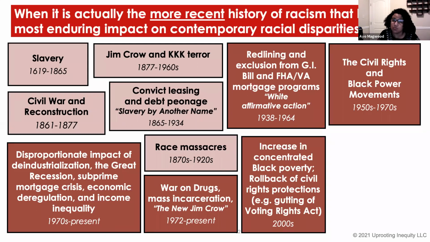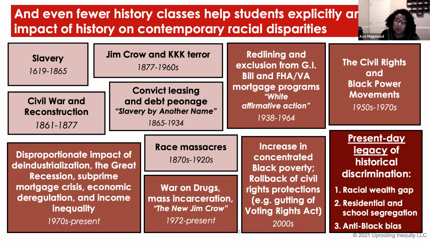These have a much stronger and more direct and explicit impact on today. And it's also important to help students explicitly analyze the impact of history on contemporary racial disparities instead of just teaching them in isolation.